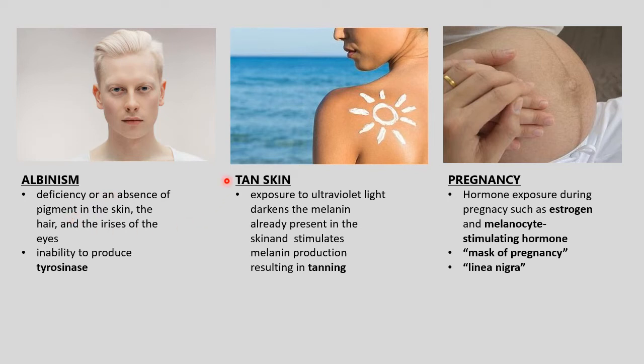Yung mga individuals naman who are able to produce melanin, such as us, if we get exposed to ultraviolet light, for example, we go to the beach, we walk under the heat of the sun without any protection or umbrella, this results in darkening of the melanin that is already present in our skin.